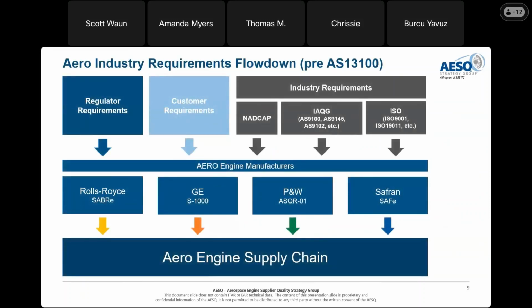So a quick visual here. Prior to us starting to work on the AS13100, this is just an example of how all of our customer and regulatory requirements flow down to us. They came to us, aero engine manufacturers, and each one of us had our own independent way of flowing these requirements down to our supply chain.